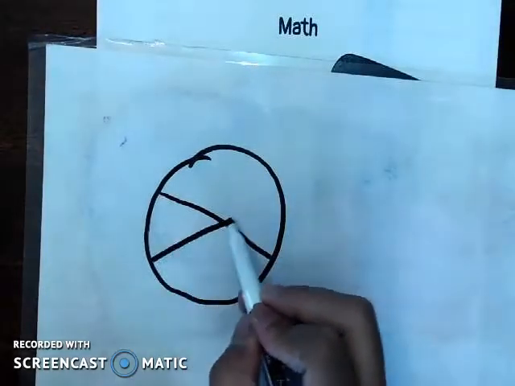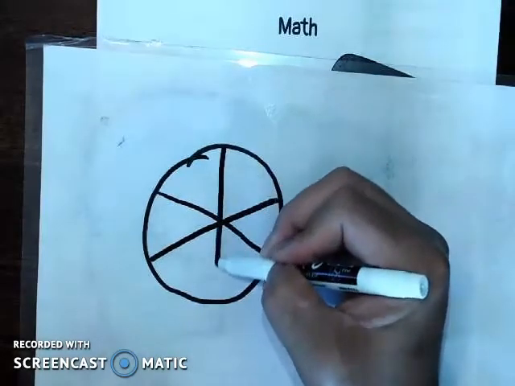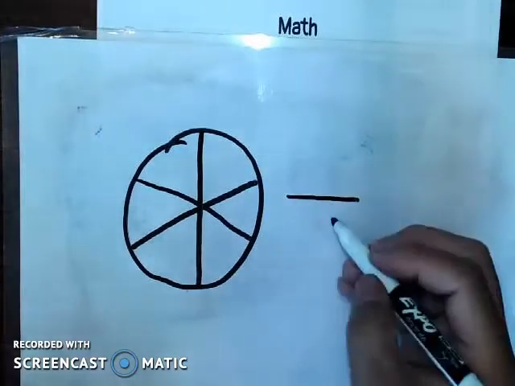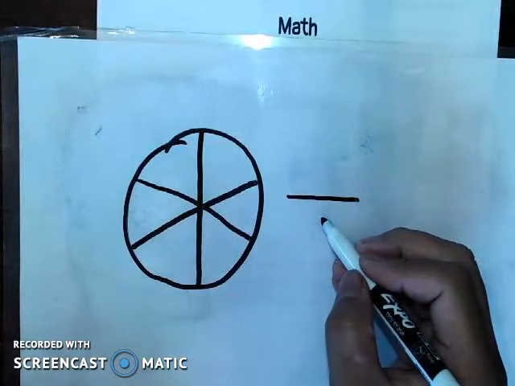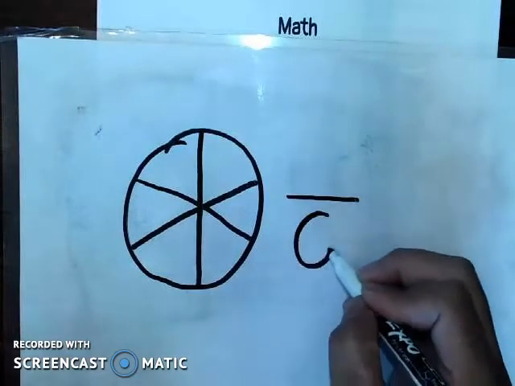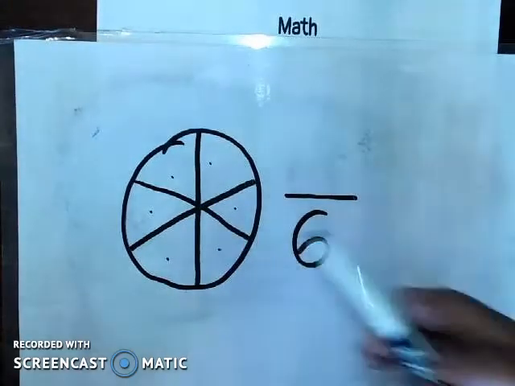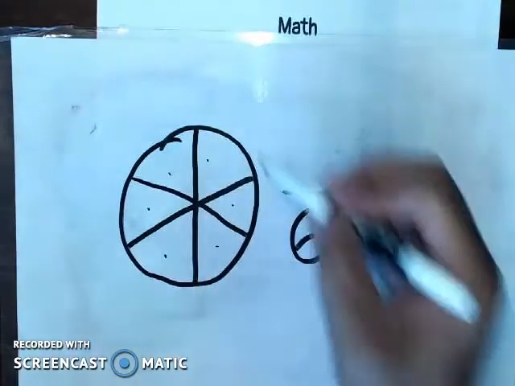Do that on your board. The denominator is 6, right? How many parts of the whole? We have 1, 2, 3, 4, 5, 6. 6 parts make up the whole circle.